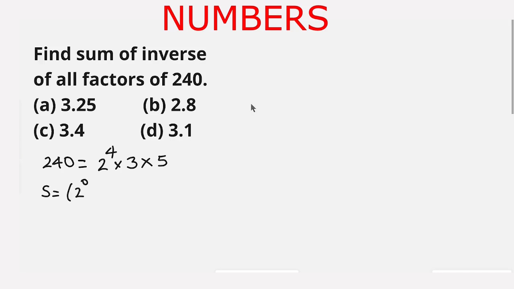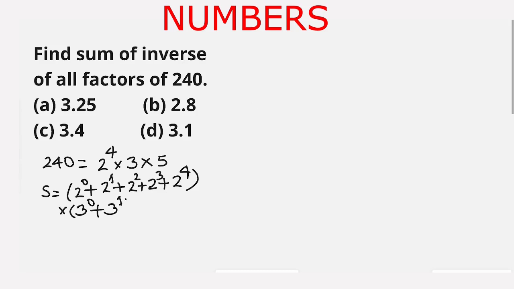2 to the power 0 plus 2 to the power 1 plus 2 to the power 2 plus 2 to the power 3 plus 2 to the power 4, multiplied by 3 to the power 0 plus 3 to the power 1.